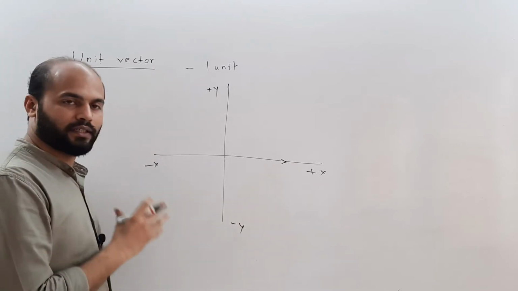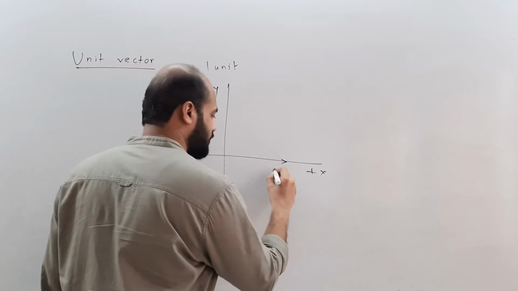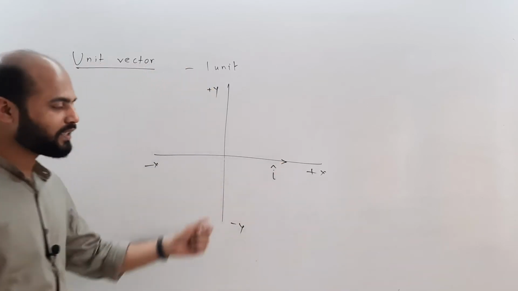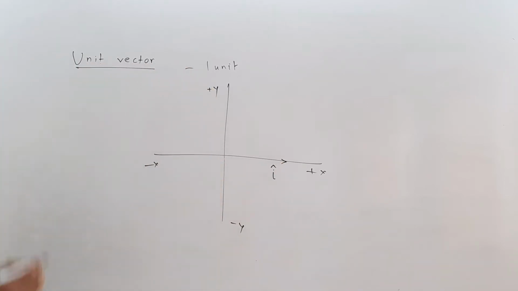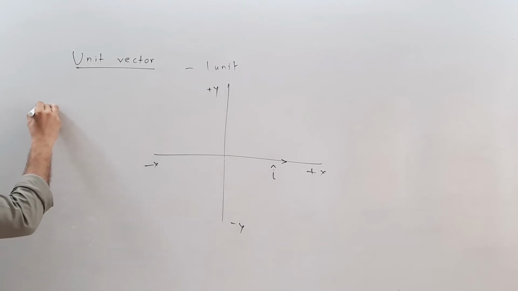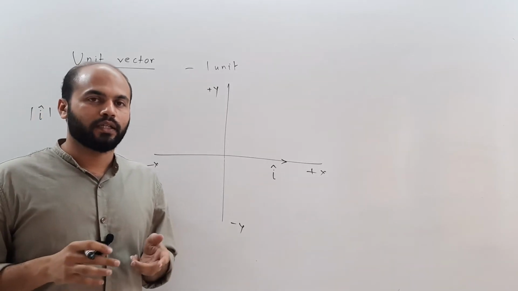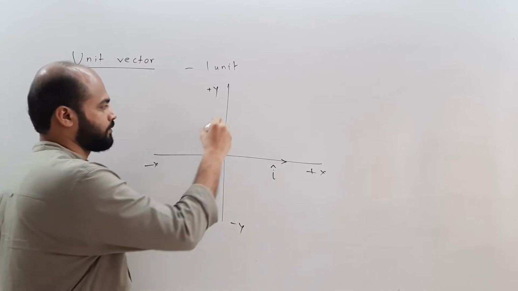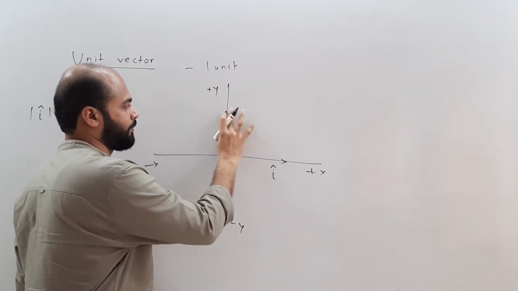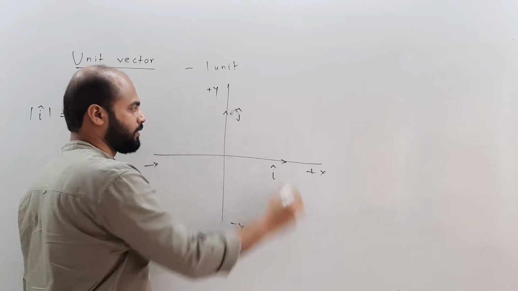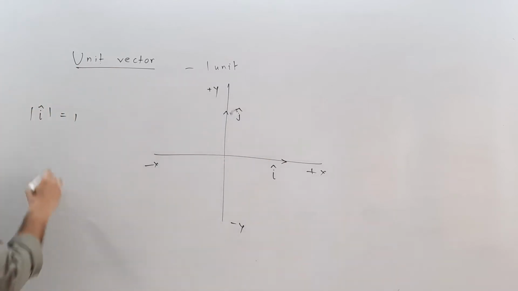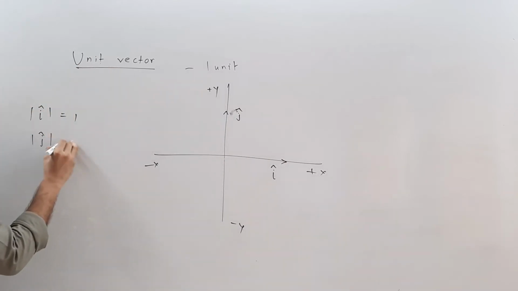Then that vector is actually named as I cap. This is the notation of that vector. So if somebody asks you what is the magnitude of that I cap, it is 1. Similarly, if I want to specify a unit vector along y axis, it is given by j cap and the magnitude of this is given as 1 unit.